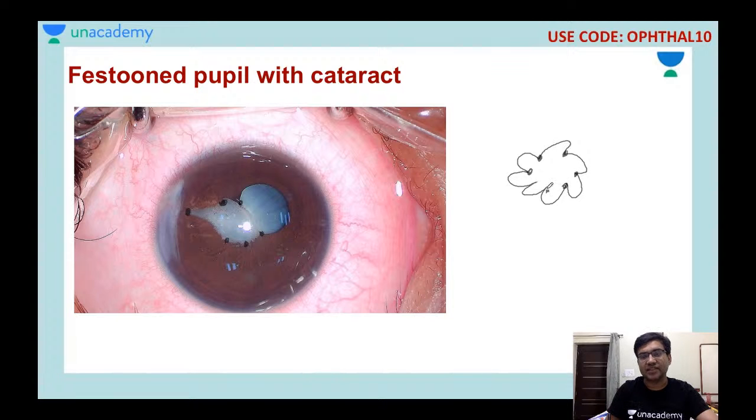So whenever you dilate the pupil, it would be a poorly dilating pupil, and it would dilate at some points and not dilate at other points. This is called festooned pupil, and it is also a characteristic of uveitis. And what are these adhesions called? These are called posterior synechiae.